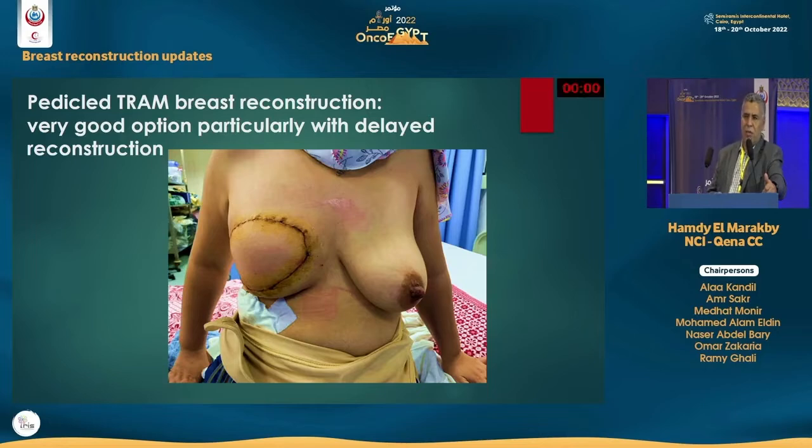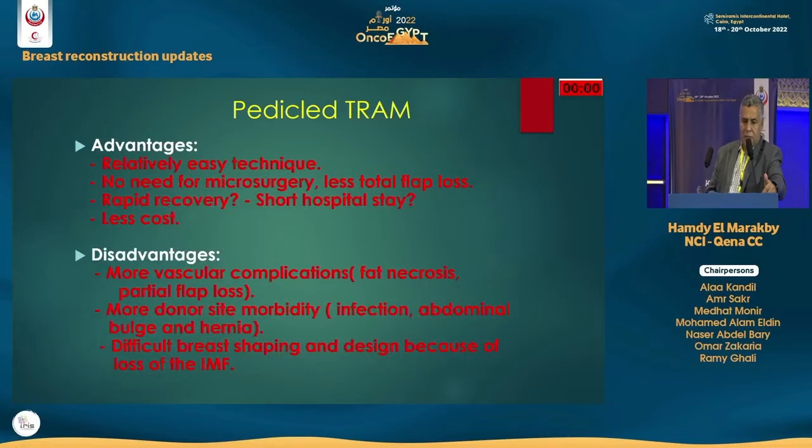Each method of reconstruction has its own merits, but that's one of the things that is very useful and gives you size match and texture match to the breast. It is a relatively easy technique. No need for microsurgery. Rapid recovery, less cost. Disadvantages: more vascular complications such as fat necrosis and partial flap loss, donor site morbidity, difficult breast shaping.